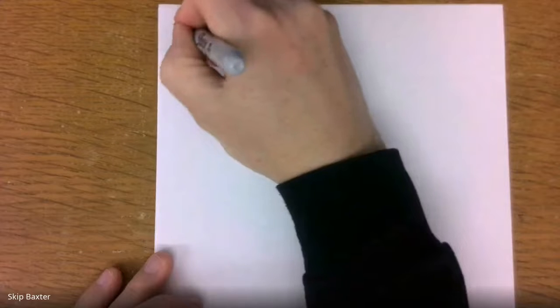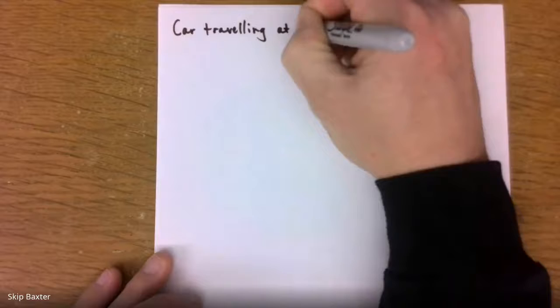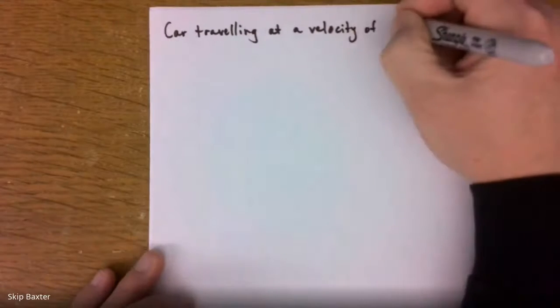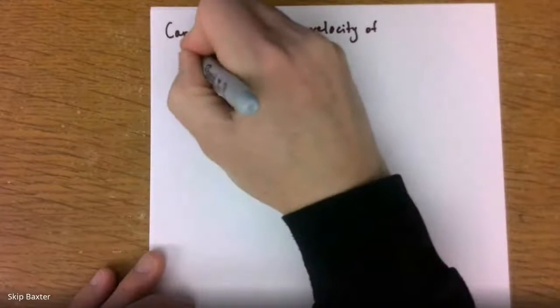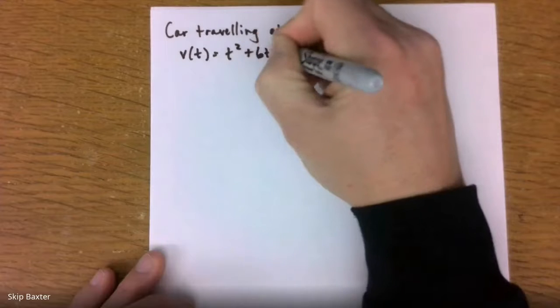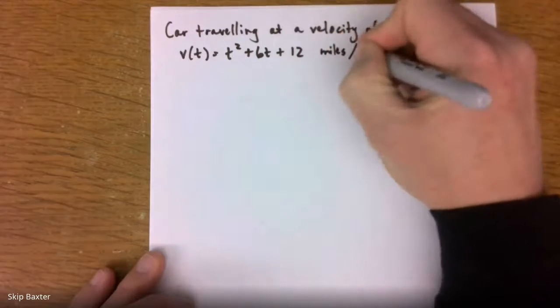There's another type, a really common type of application of this type of problem, like a velocity problem. Suppose they tell you that a car is traveling at a velocity of v of t equals t squared plus 6t plus 12 miles per hour.